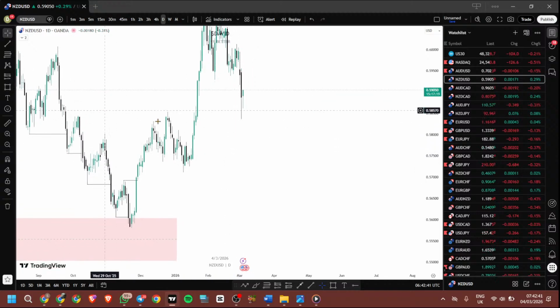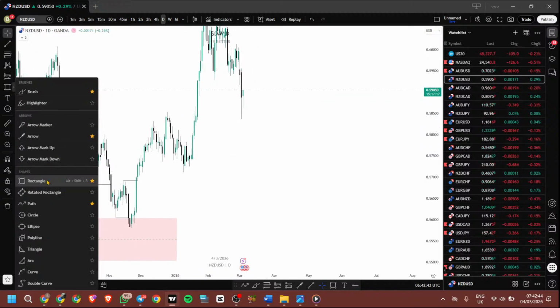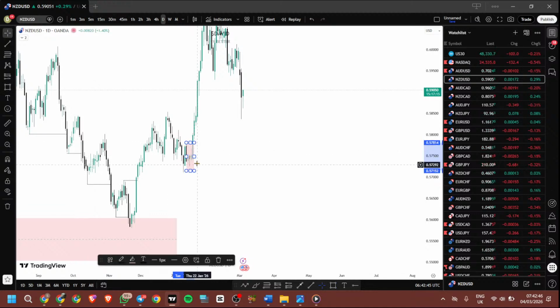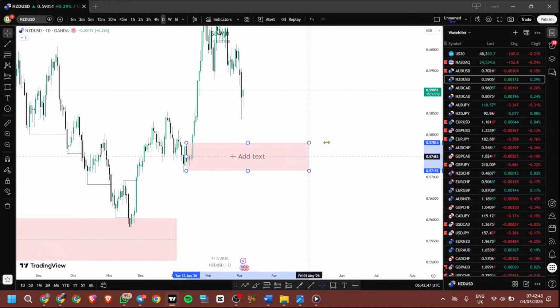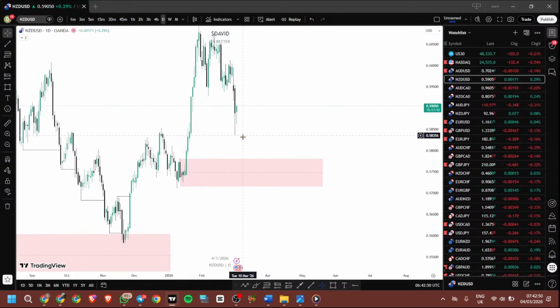So this is a very good demand zone, a very good demand zone. And this is an unmitigated breaker block. Price rallied into.